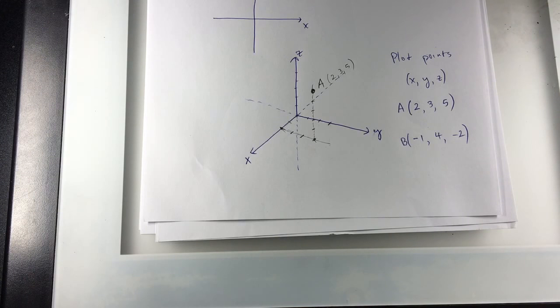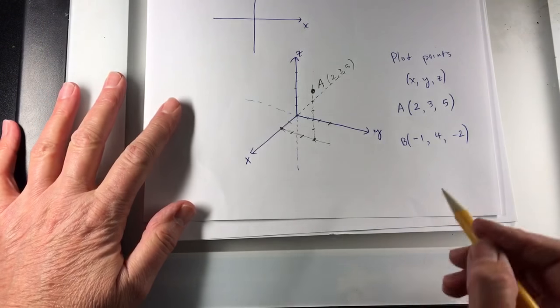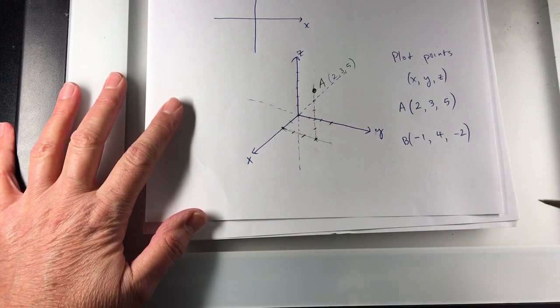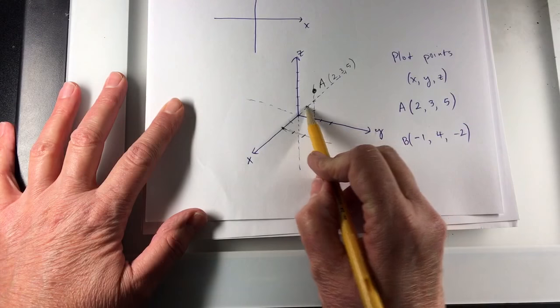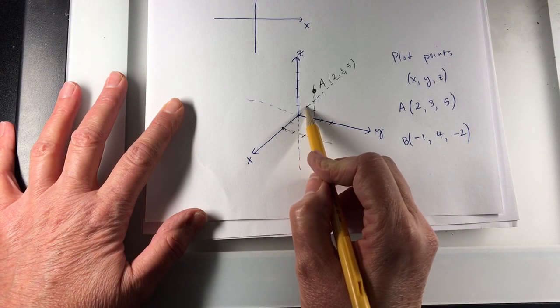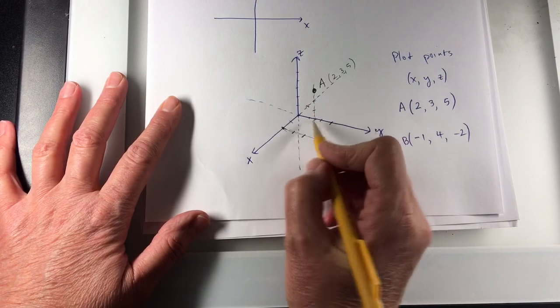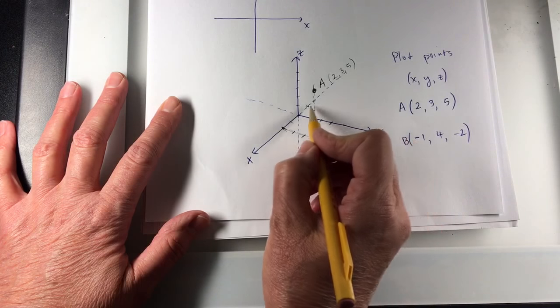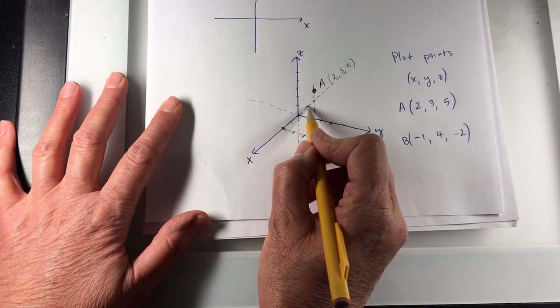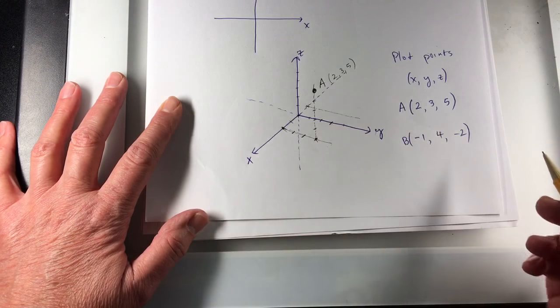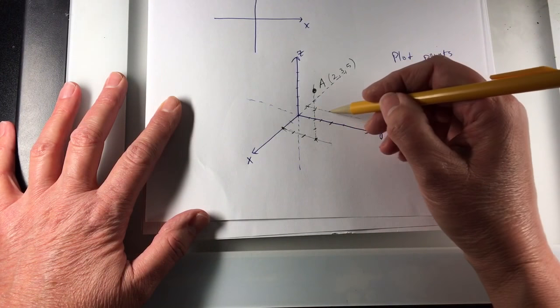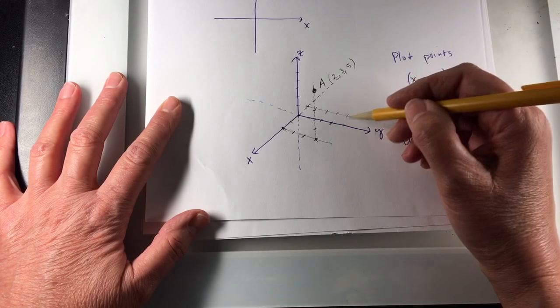Now let me go ahead and plot B. For B, I'm going to go 1 unit back on X. Then I have 4 for Y. So from the 1 unit back, I'm going to draw a line parallel to Y and think, okay, same markings.